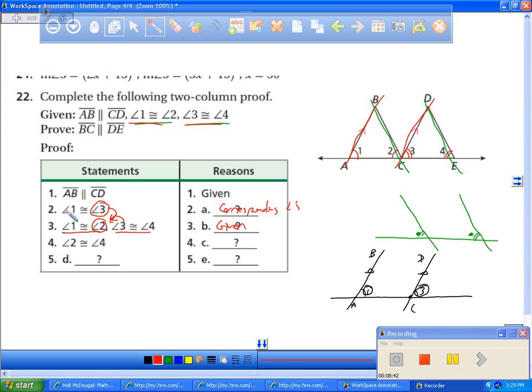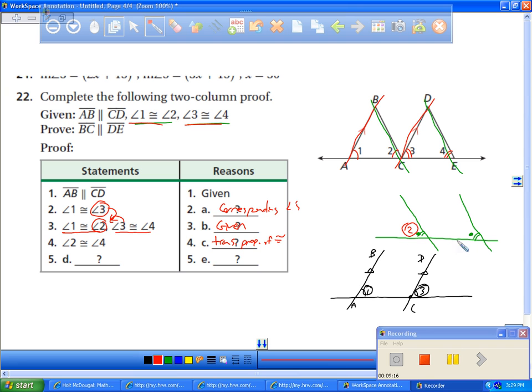You could also say if 1 is 3 and 3 is 4, therefore 1 is 4, or 2 is 4. You could say the formal is the transitive property of equality, of congruence, but if you got substitution, that's completely okay. Alright, so now we've got 2 congruent to 4, which is right here.